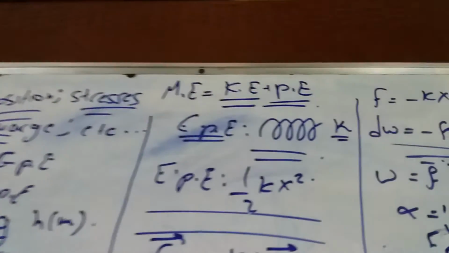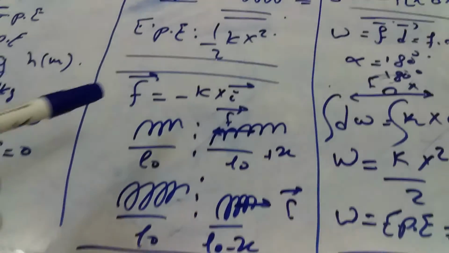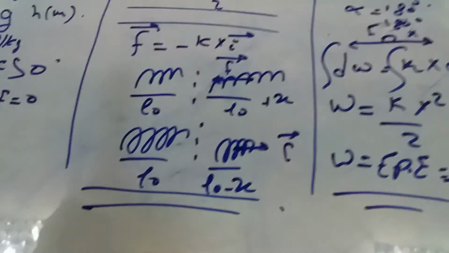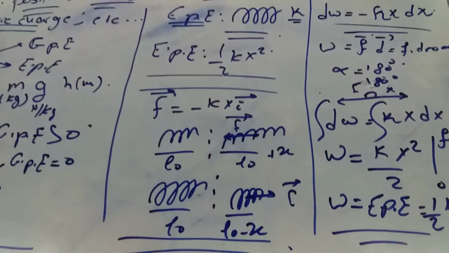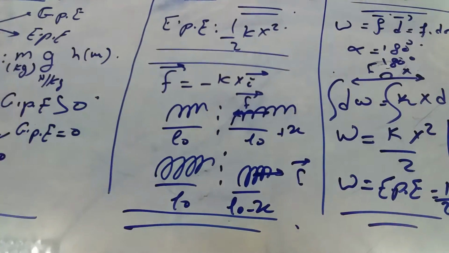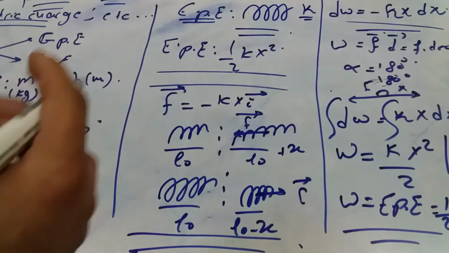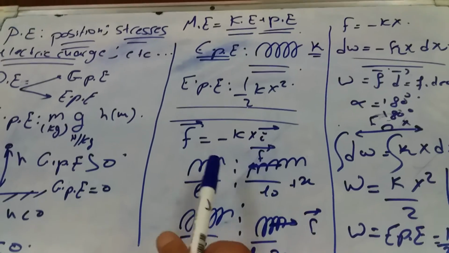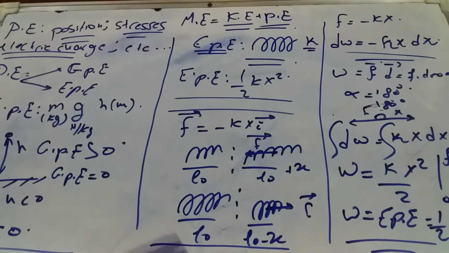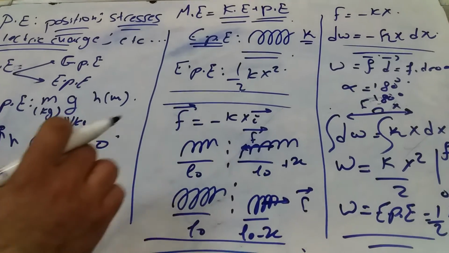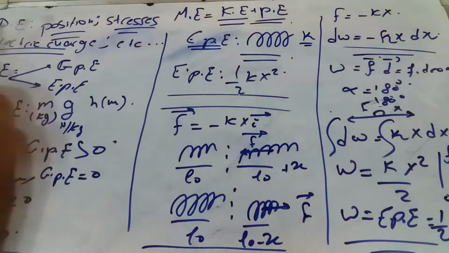Now for EPE, which is equal to half kx squared, we start with its force, which is equal to minus kx. The negative sign is because the tensional force is always against the deformation of the spring. So if you are tending to elongate the spring, the tension force will be to the left, and if you are compressing the spring, the tensional force will be to the right.